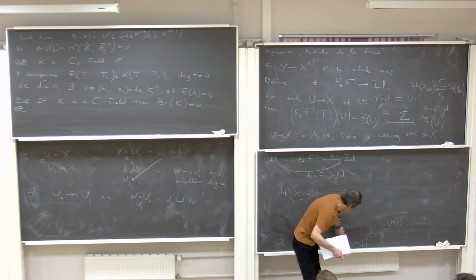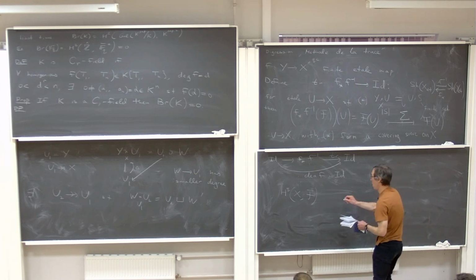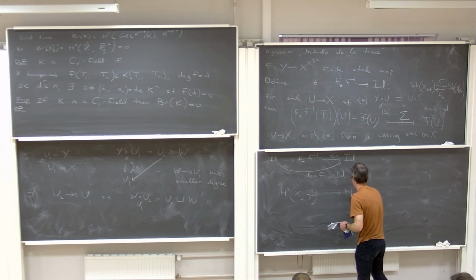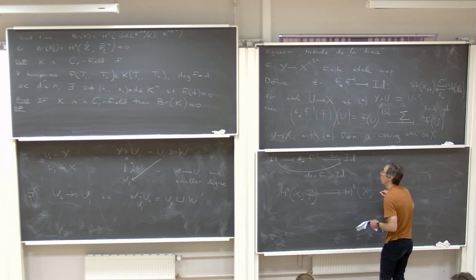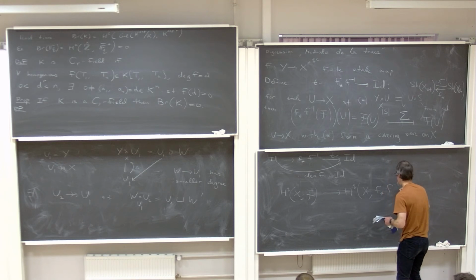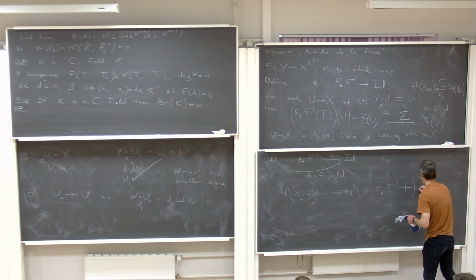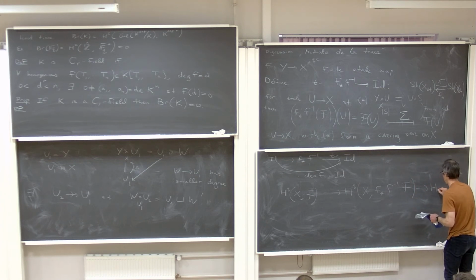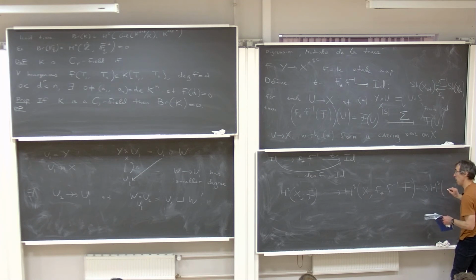I can map it using the first map to cohomology of X with coefficients in f lower star, f inverse of F. And then I can map it back to cohomology of X with coefficients in F.